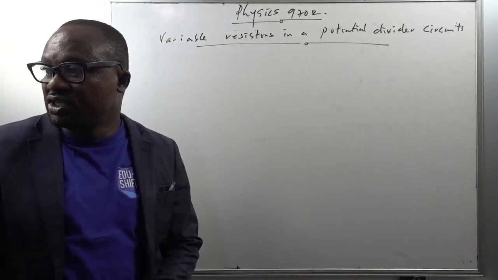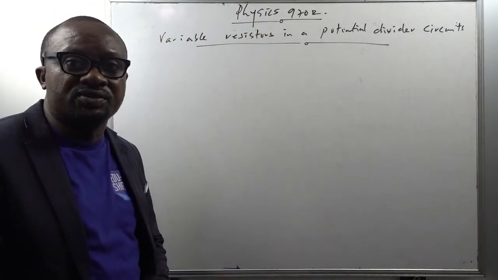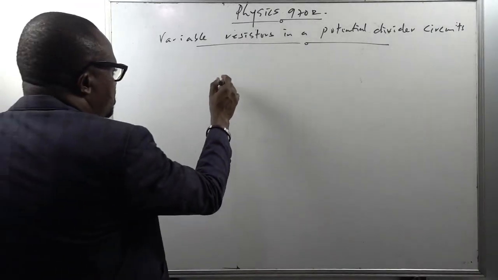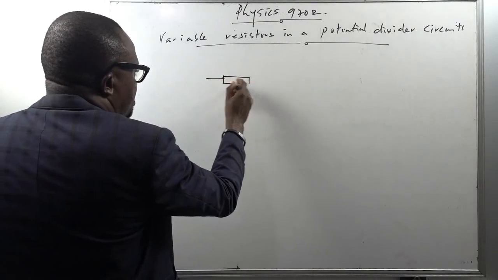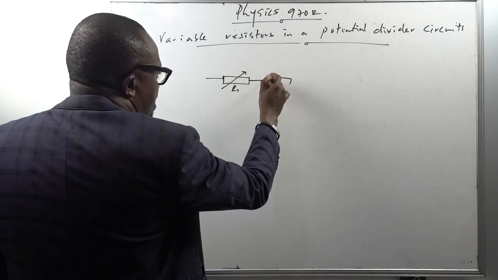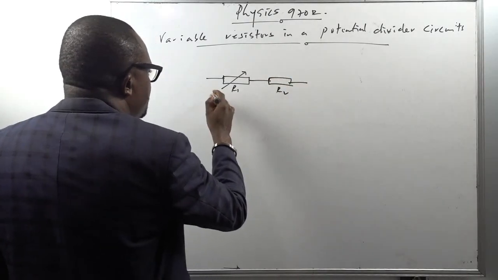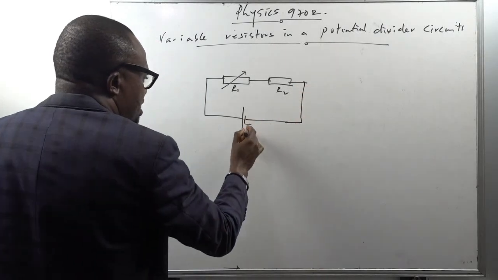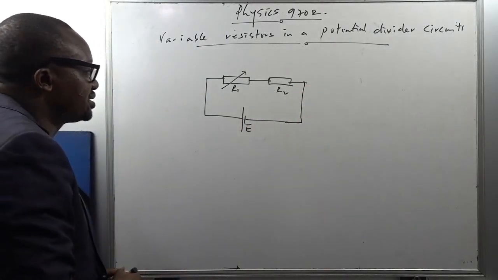If one of the resistors in a potential divider circuit is a variable resistor, how will you handle it? So let us say you have this resistor R1, which is a variable resistor here, and you have resistor R2, which is a fixed resistor, and are connected to a battery of EMF E, having a negligible internal resistance.